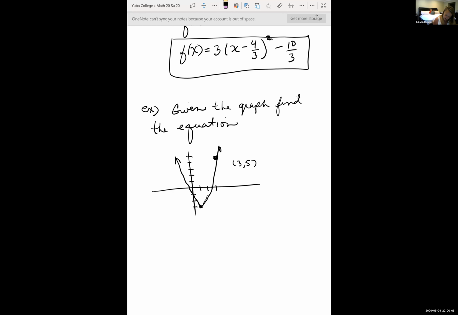So we really don't know where it's crossing the axes. It just gives us those 2 points on the graph: 1, negative 3, which you can tell is the vertex, and the point 3, 5.